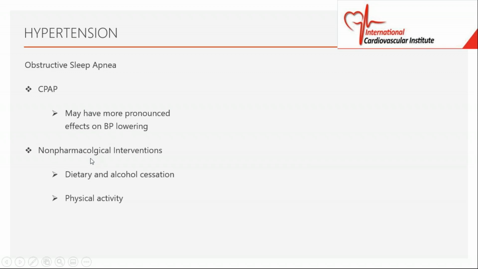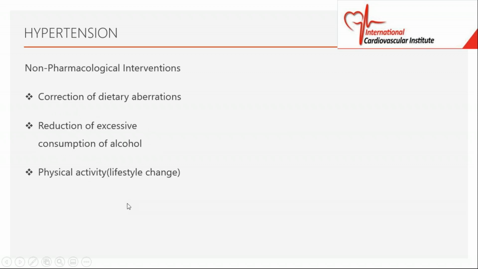There are also other surgical techniques. There are laser techniques and other surgical techniques which can tighten up the loose upper airway and reduce sleep apnea. Also, dietary manipulation, alcohol cessation, and physical activity.